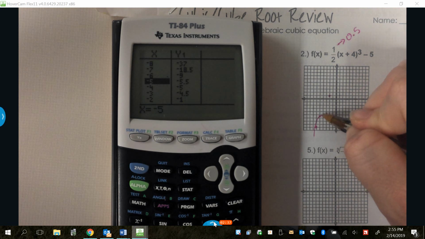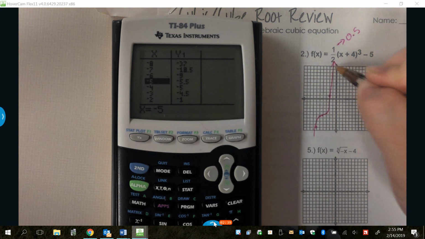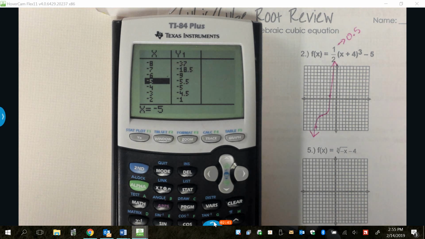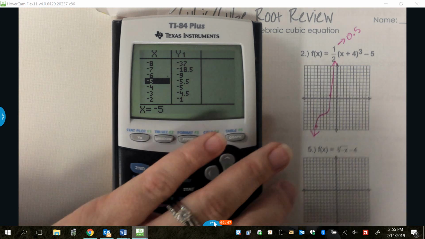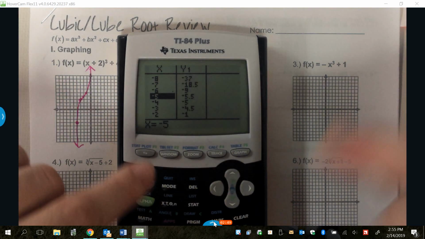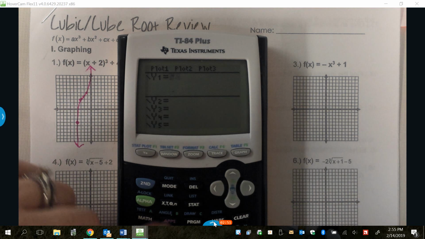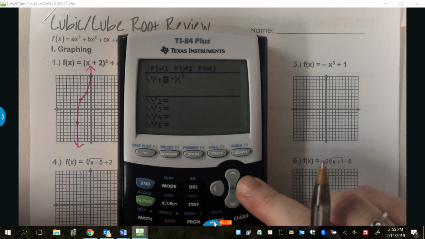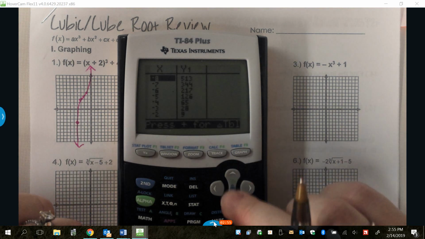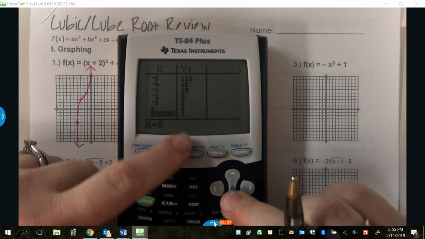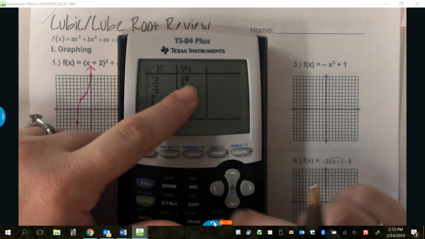So here is your graph. Alright, so let's look at number 3. Negative x to the third power plus 1. Again, finding our pretty points. So here's a 9. We can plot those right here.